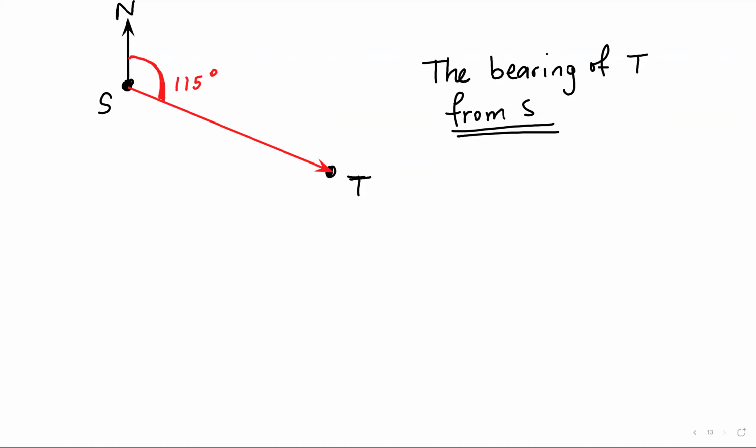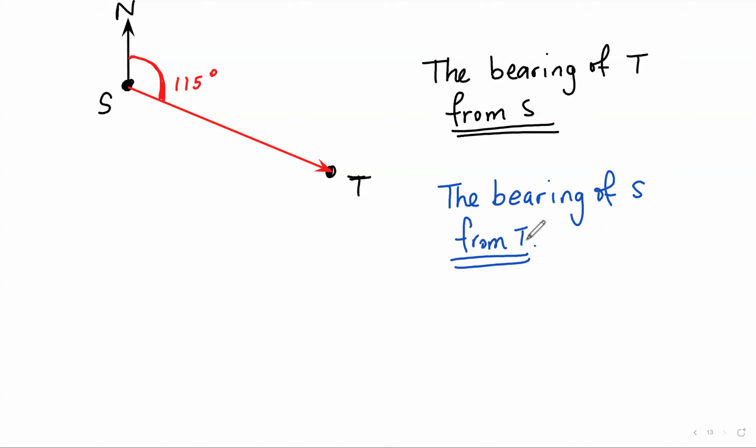Now, if I wanted to find out the bearing of S from T, remember, from tells us where we're measuring the angle from. That's the starting point of the angle. So my north line needs to go at T now. You start measuring from here and go all the way around in a clockwise direction, coming to meet S over here.